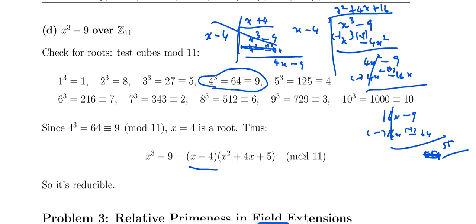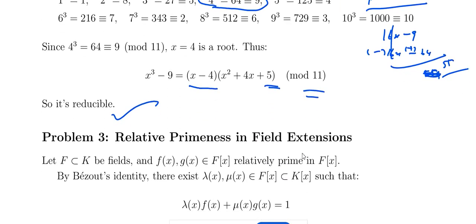So that is modulo 11, when we take modulo 11, 16 becomes 5. So this x cube minus 9 is reducible over modulo 11. Like this you can identify irreducible and reducible polynomials.